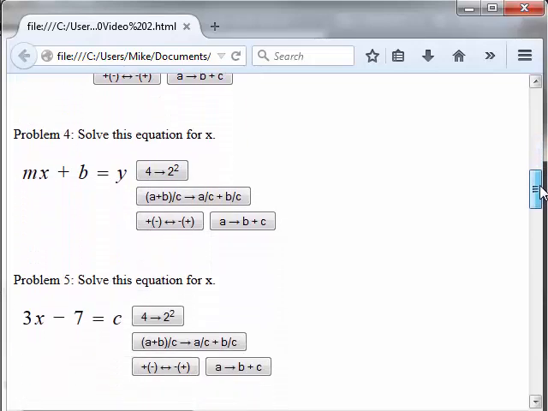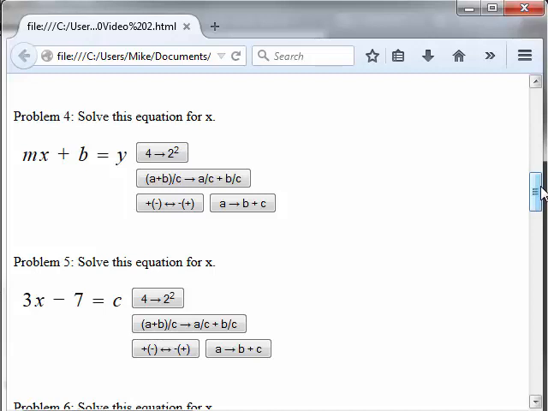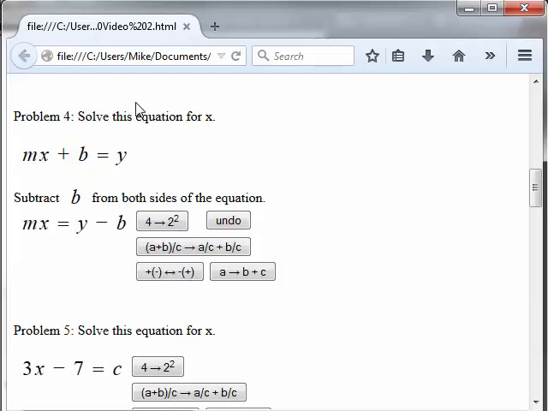Let's try another one. Here, we're asked to solve for x. What would you do if you were solving this problem using a pencil and paper? Well, the first thing you'd probably do is subtract b from both sides of the equation. Okay, we know how to do that the easy way, just like we did in the first problem. We just move it to the other side of the equation.